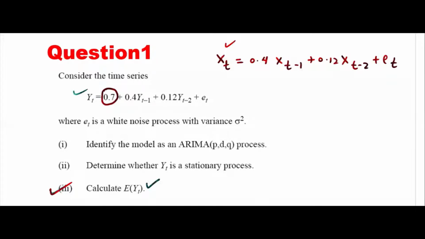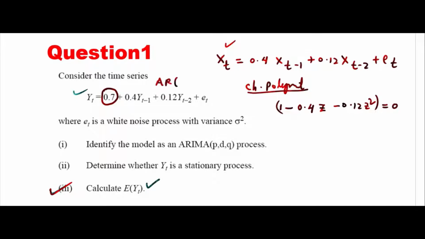Now let's find the characteristic polynomial. If I write the characteristic polynomial, it will be 1 minus 0.4 z minus 0.12 z square, and that should be equal to 0. You have to solve this equation. Or what you can do is, before saying that this is AR2, there is no D term.